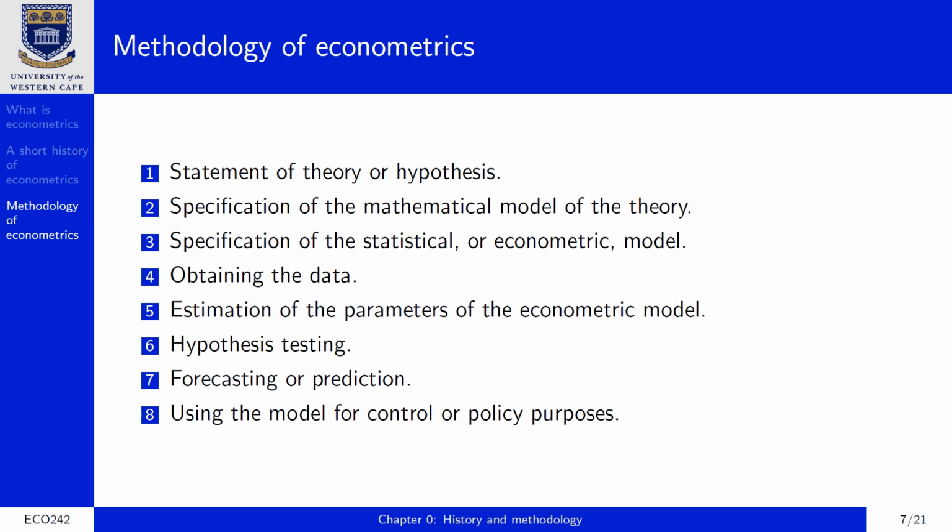Step 4 involves obtaining the data, and then in step 5 you use the data and the model to estimate parameters of the econometric model. Step 6 involves doing hypothesis testing on the estimated parameters, and once you're happy with the parameters estimated, you can use the model for forecasting purposes, or as in step 8, for informing policy proposals.